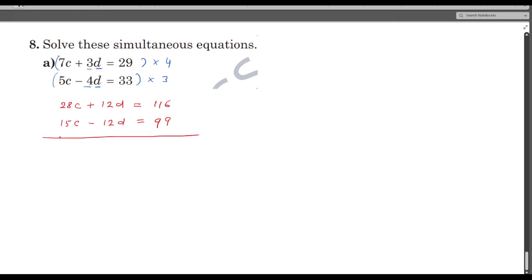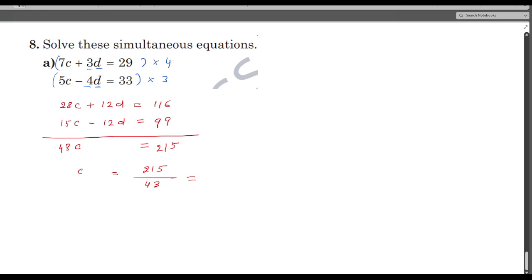So 28c plus 15c, here I will get 8 plus 5, 13. So 1 carry, 2 plus 1, 3 plus 1, 4, 43. So 43c, and here 9 plus 6 is 15. Then 1 carry, 1 plus 1, 2, 9 plus 2 is 11. Again 1, so this is 215. So c is equal to 215 divided by 43.